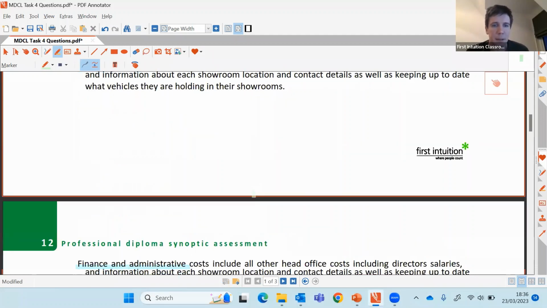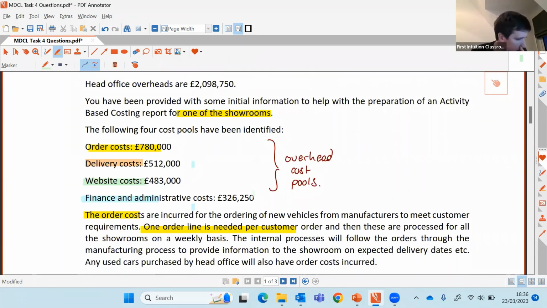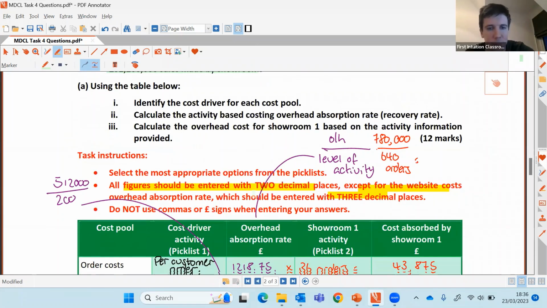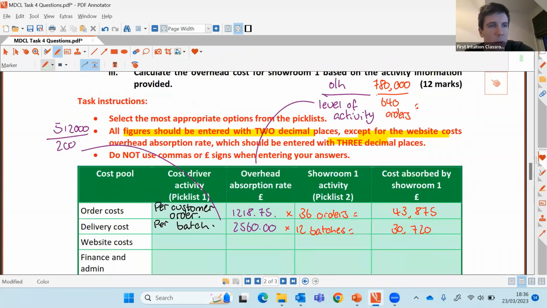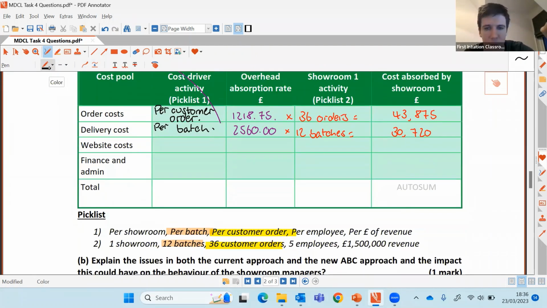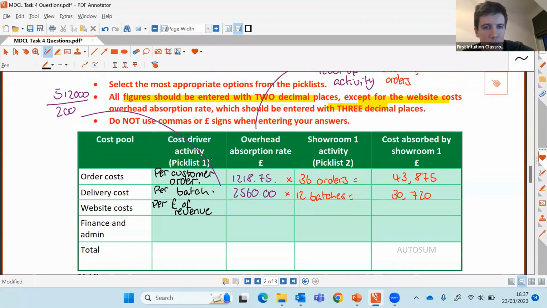So let's look back at the overhead. The overhead that we have is £483,000 of website costs. What I didn't do is slot the driver in, which would be per pound of revenue, as I mentioned.